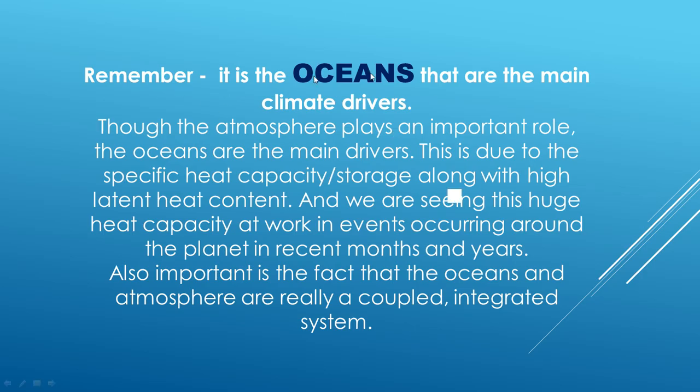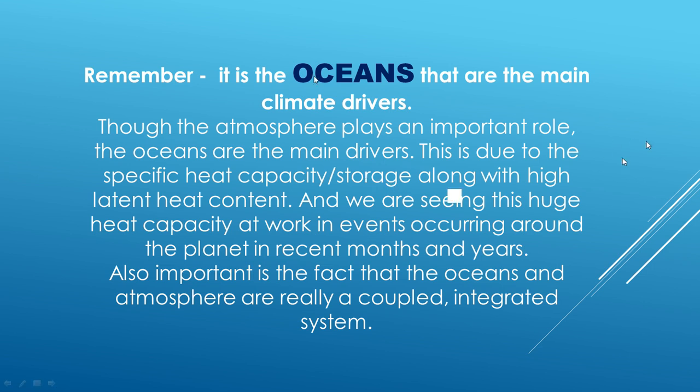So remember, it is the oceans that are the main climate drivers. Though the atmosphere plays an important role, the oceans are the main drivers. This is due to the specific heat capacity. The specific heat of water is a hell of a lot higher than air, as well as the storage, right?